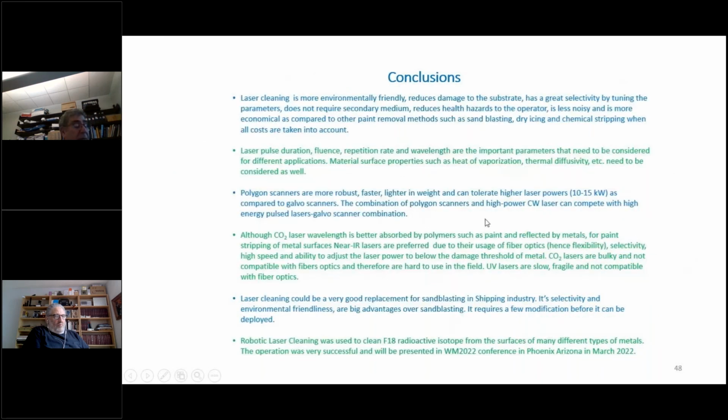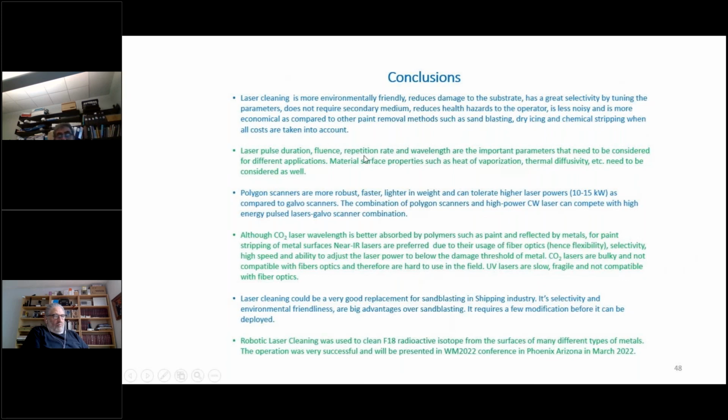So with this, we come to the end of our presentation. In conclusion, we showed that laser cleaning is very environmentally friendly, reduces damage to the substrate, has a great selectivity, doesn't require secondary medium, reduces health hazards to the operator, is less noisy, and more economical as compared to the other methods.